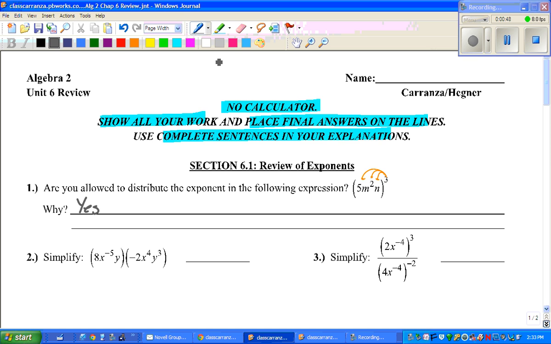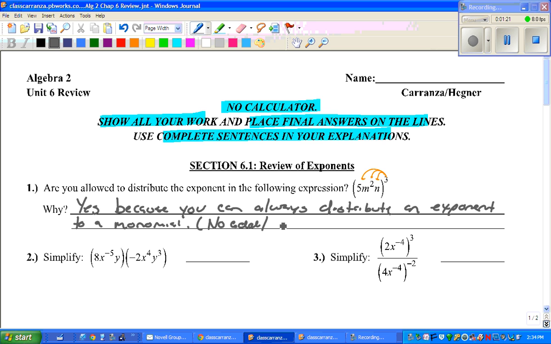The reason you can is because you can always distribute an exponent to a monomial. Another good reason is that there's no addition or subtraction inside the parentheses.